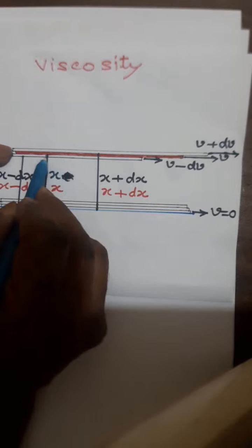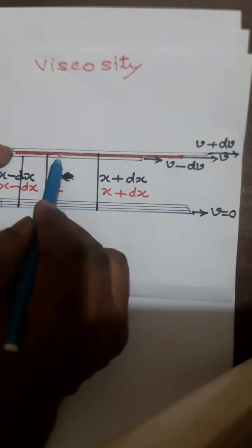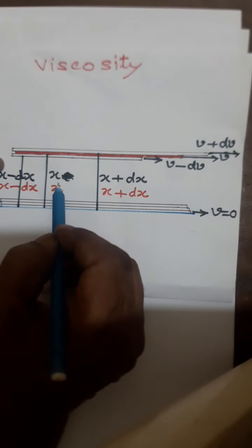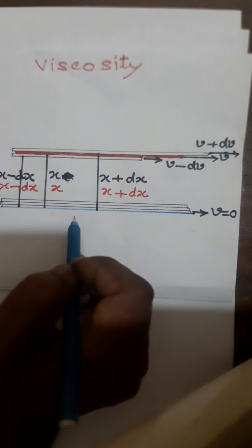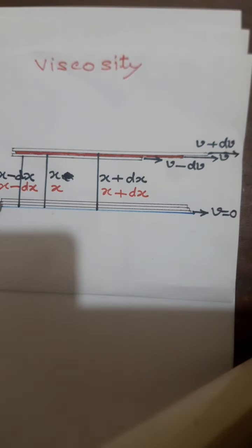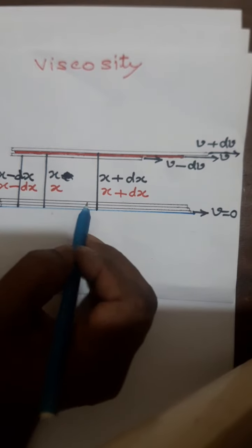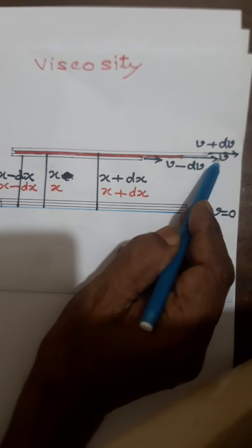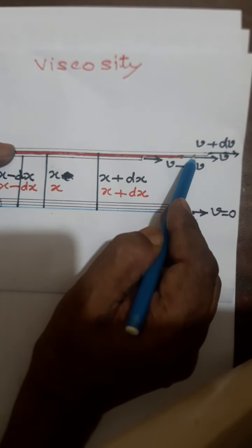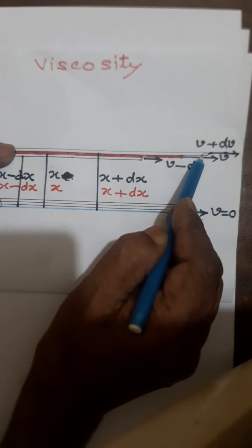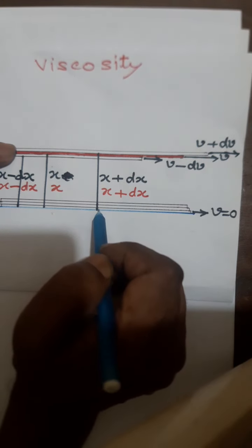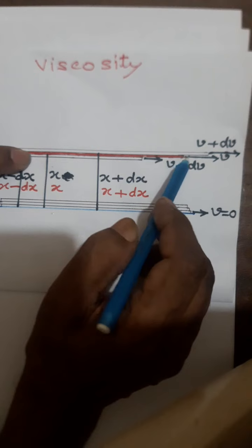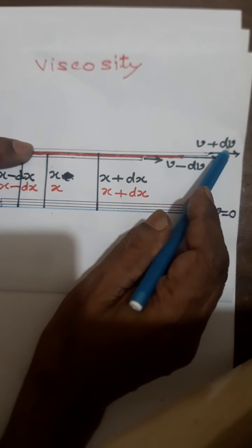We think of a red marked layer which is at a height x from the bottom, that is from the river bed. Its velocity is v. And its adjacent upper layer is at a distance x plus dx with a velocity v plus dv.